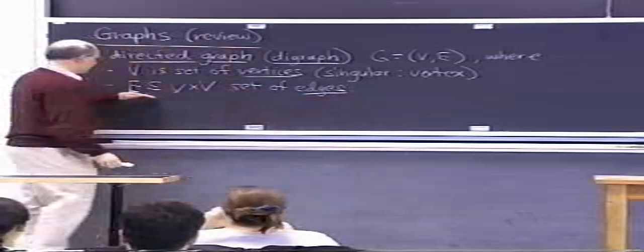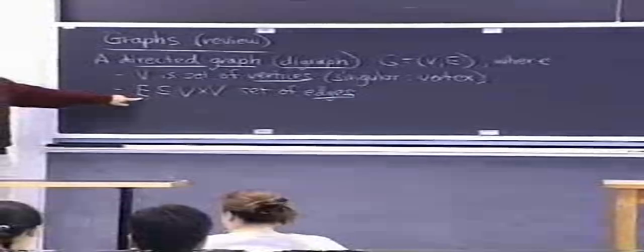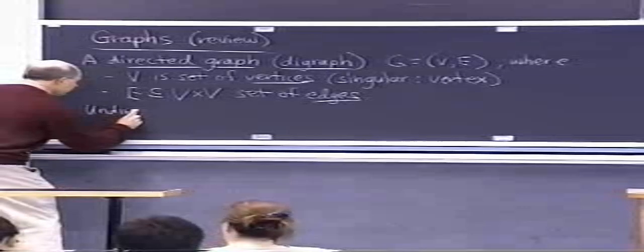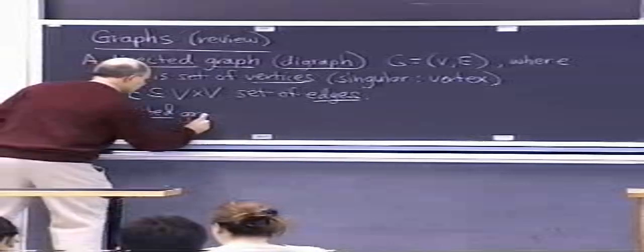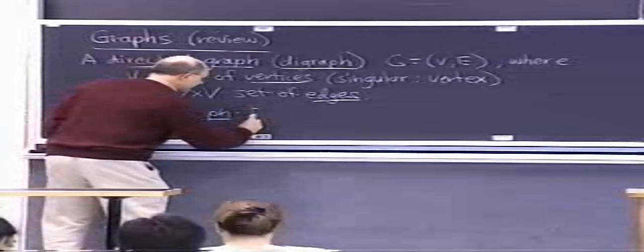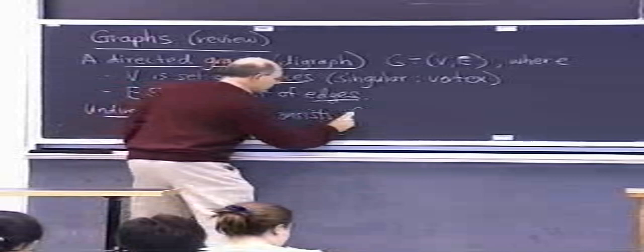Okay, so each edge is an ordered pair of two vertices. In an undirected graph, E consists of unordered pairs.